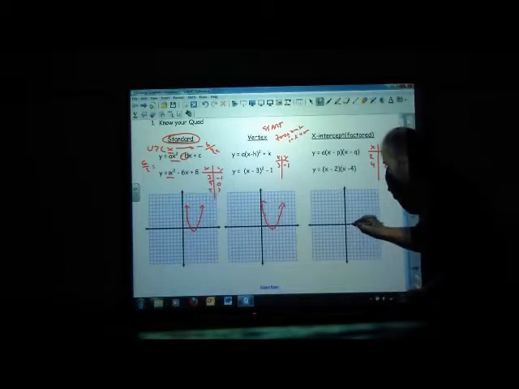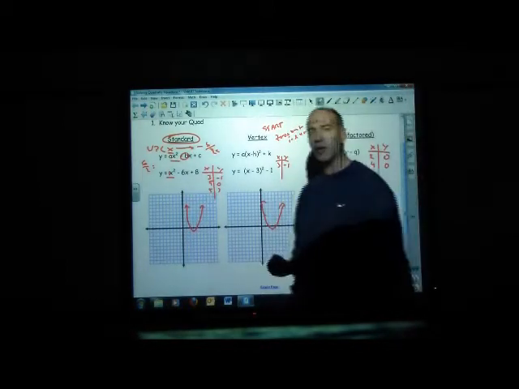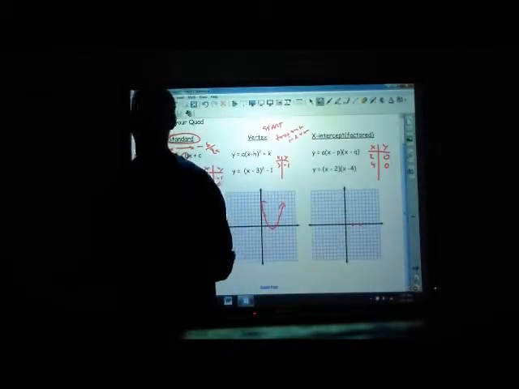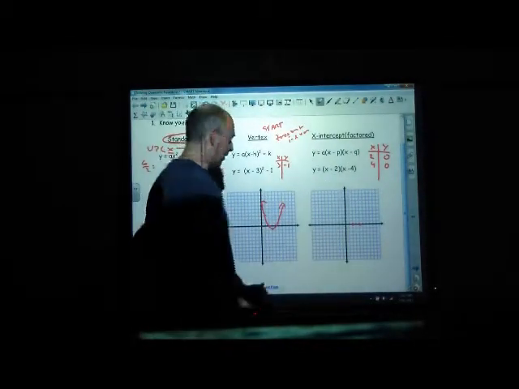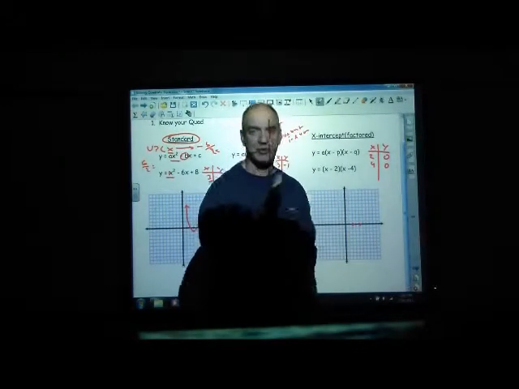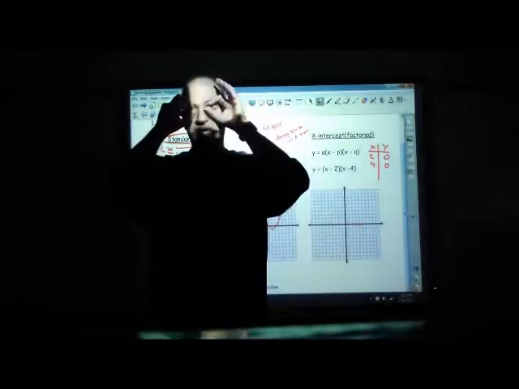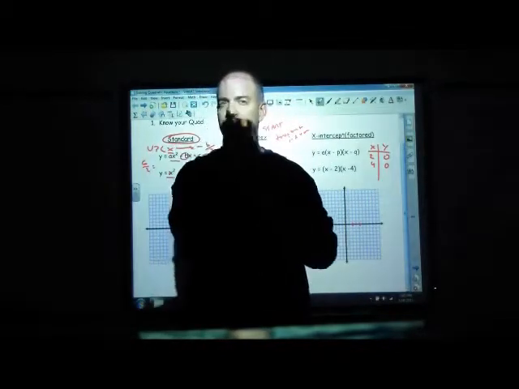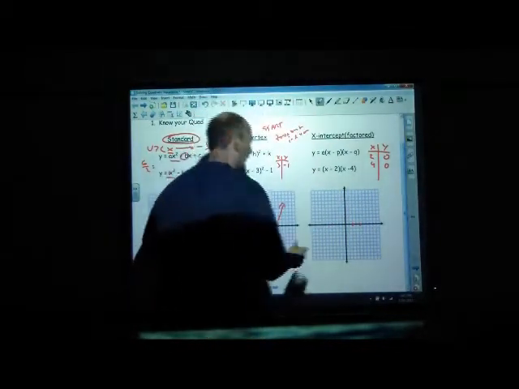Now this is why it's called x-intercept form, because it can tell you right away where the parabola is hitting the x-axis. Now what's great about that is the vertex has to lie right on the axis of symmetry of a parabola. So to me, your x-intercepts are like your eyes, the vertex would be like your nose.